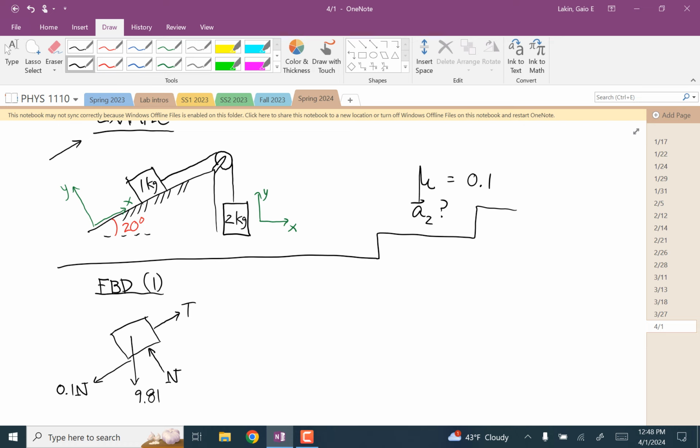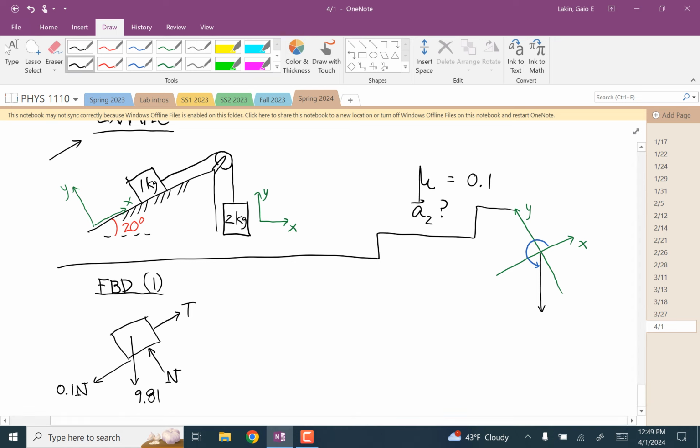We're going to have to use a rotated version of gravity. So this angle, is that going to be 270 minus 20 or 270 plus 20?